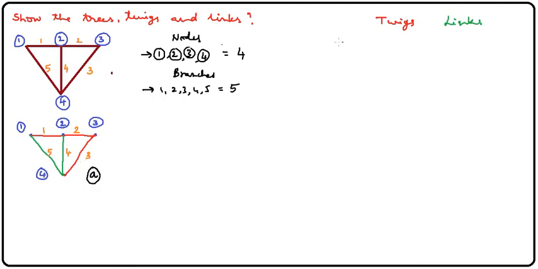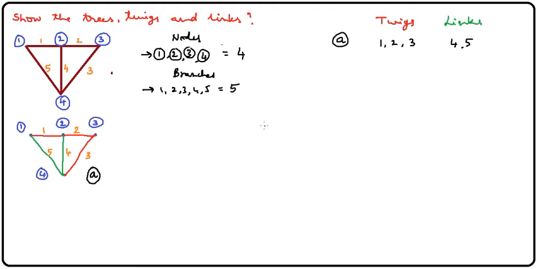So for tree A, the twigs are 1, 2 and 3, and links are 4 and 5.